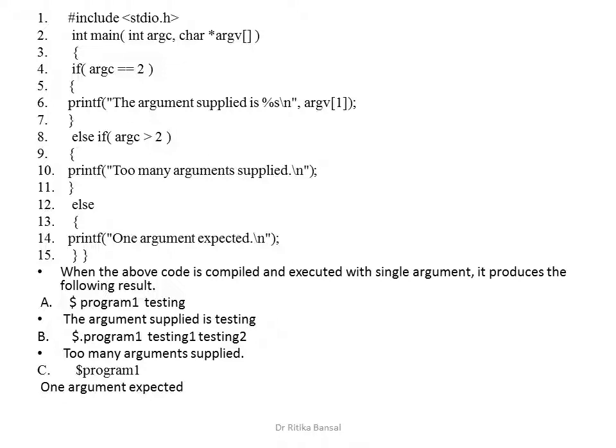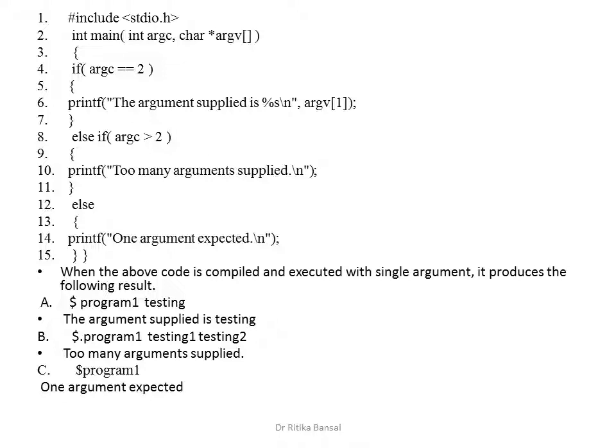Program 1 is the name of the program, and we are supplying one argument, testing. So total argc count will be 2, and in the argv array, the first location will have program 1, the second location will have testing. In b point we are supplying program 1 and two further arguments, testing 1 and testing 2. In c point we are only supplying the program name.